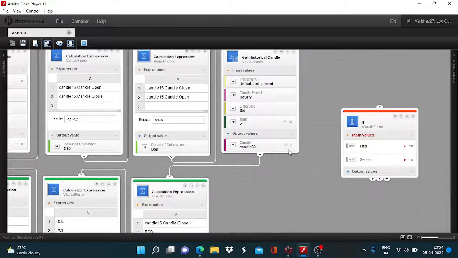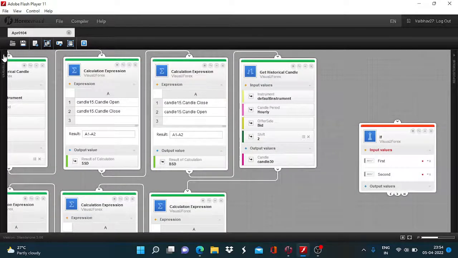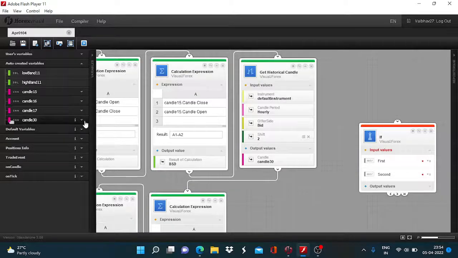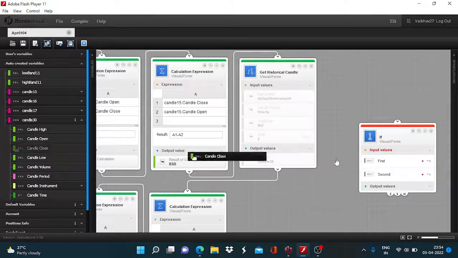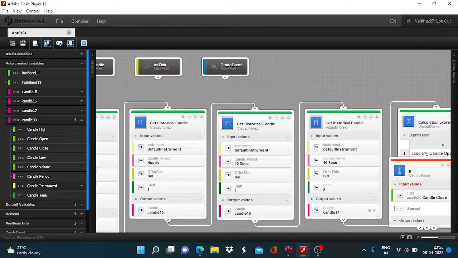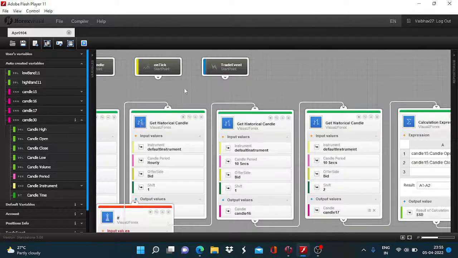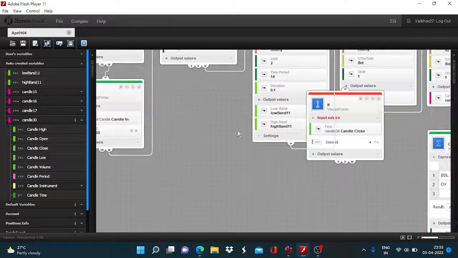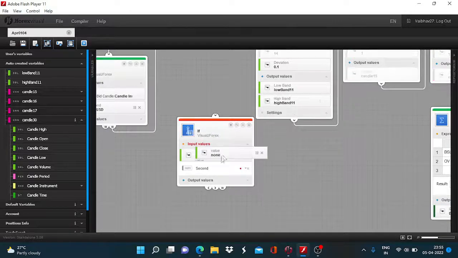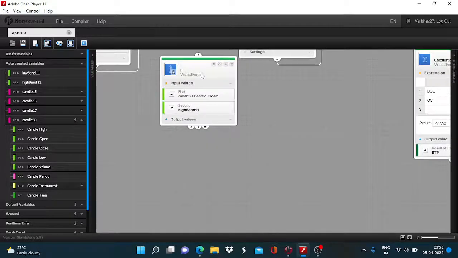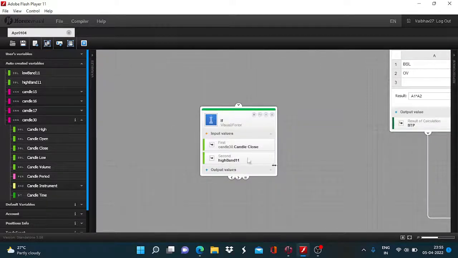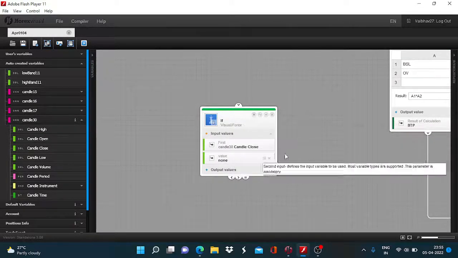We have to consider the candle 30 candle close, and compare it to the high band value of that hour, which is high band 11, and the closing value should have been lower compared to this, and in the next hour the closing value rises above the high band value.